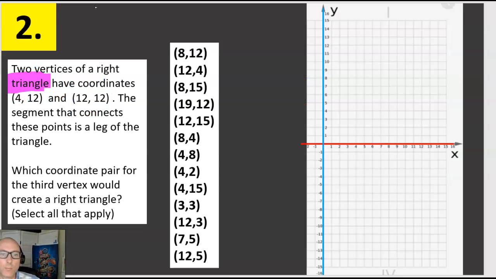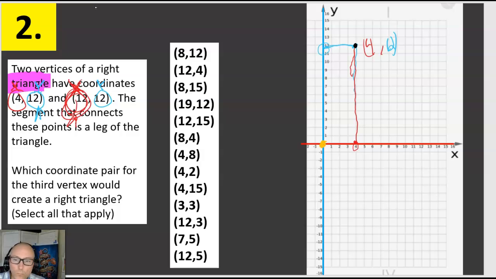Next question. Okay, I'm going to plot these points really quick, the first 2. Okay, so what are we going to do now?